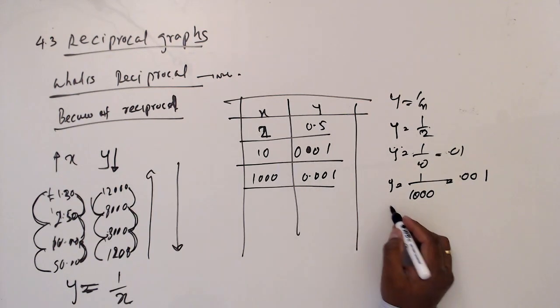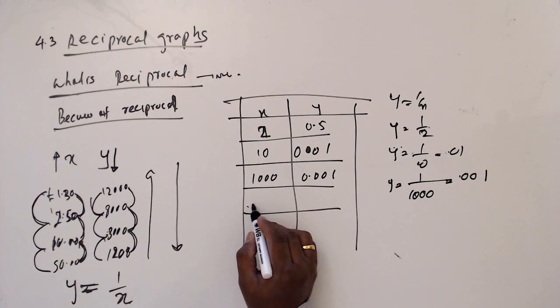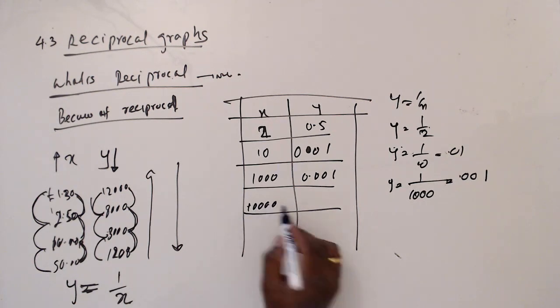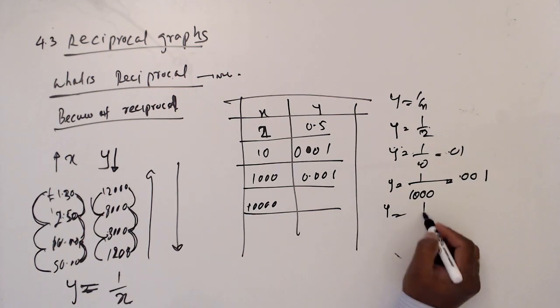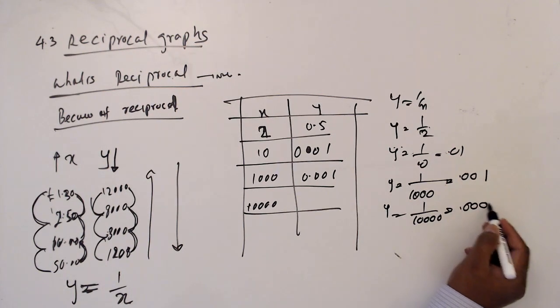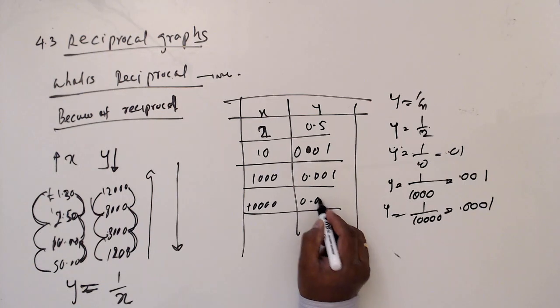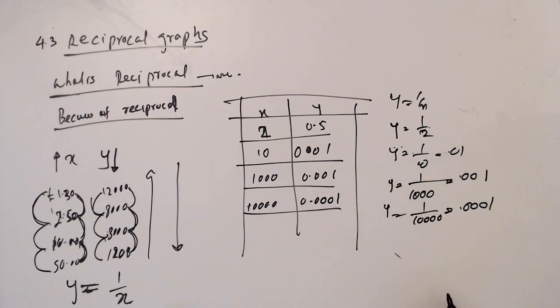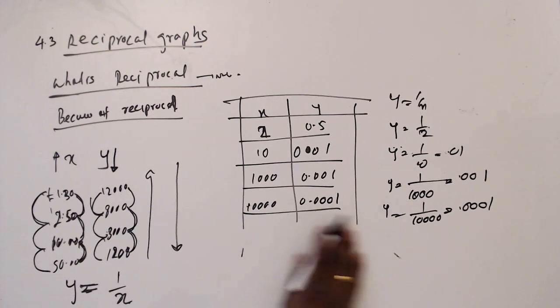When x equals 10,000, then y equals 1 over 10,000, which is 0.0001. We'll put this into the graph now.